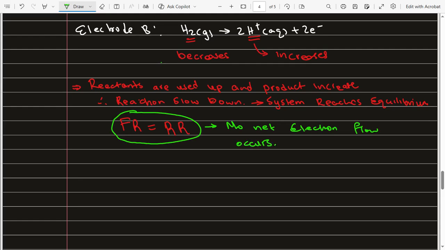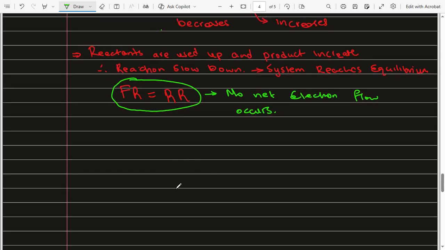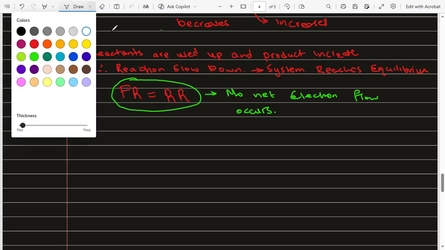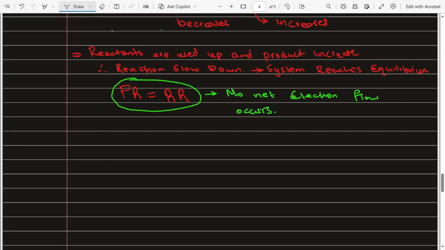Okay, so now how will this have an effect on the voltmeter? If there's no flow of electrons, it tells you that the electrons stop flowing. If they stop flowing, there will be no potential difference that exists.